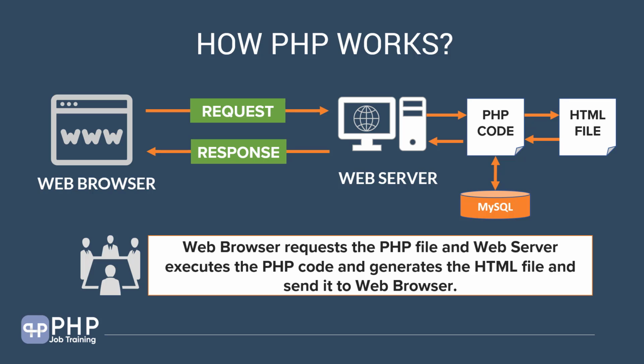One question that you can think is, what if there is no conversion of PHP code into HTML code? What if the web server just gives the PHP code to the web browser? What happens at the web browser? The web browser will print the PHP code. It doesn't understand how to interpret it, so it will just show the PHP code. The interpretation of PHP code to HTML code happens at the web server.